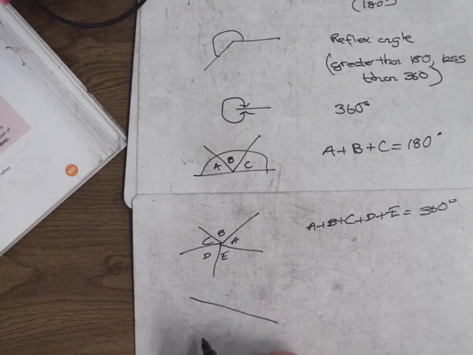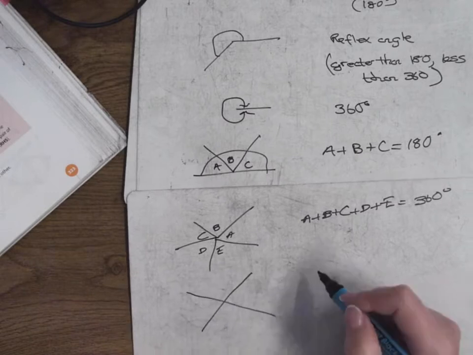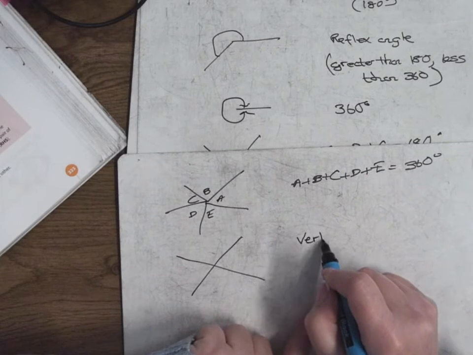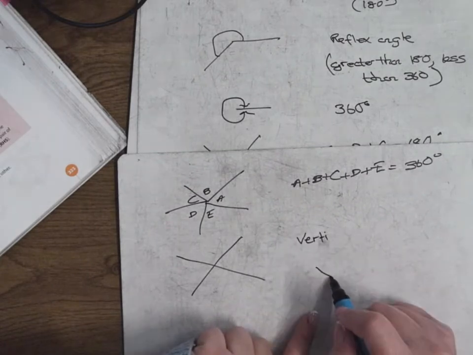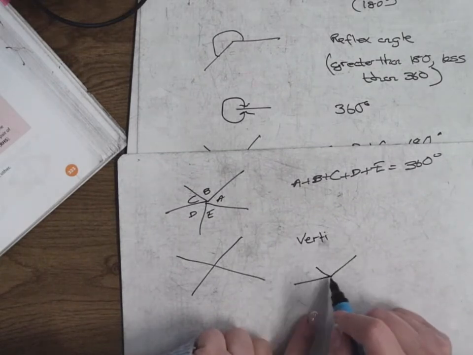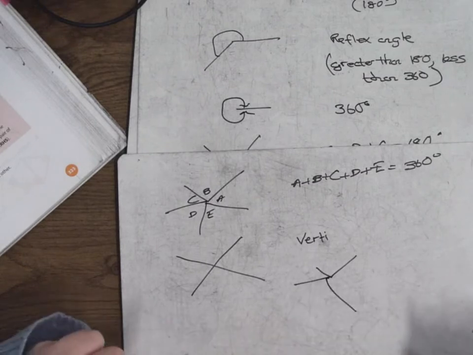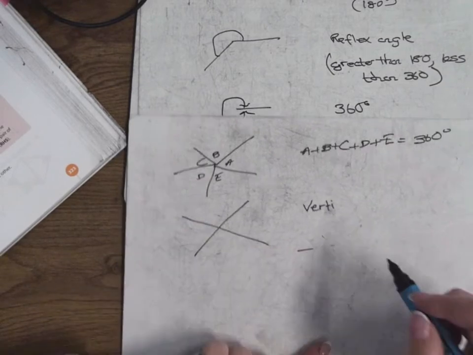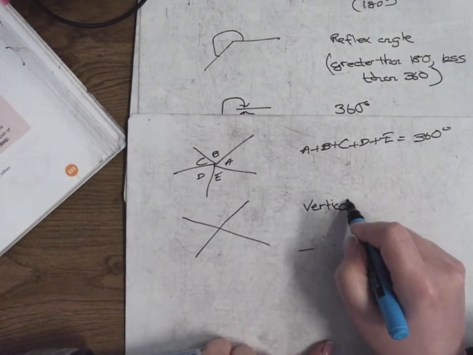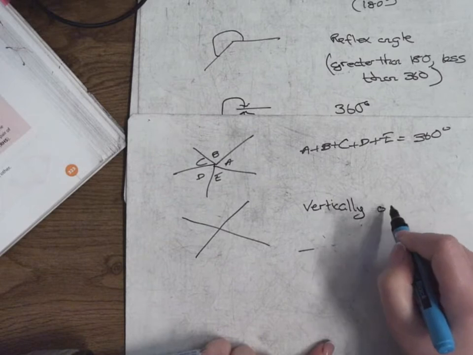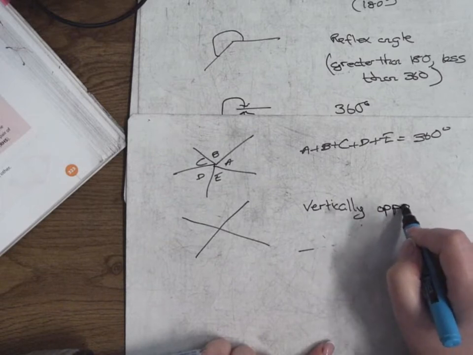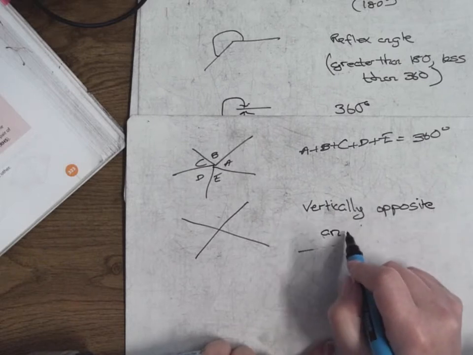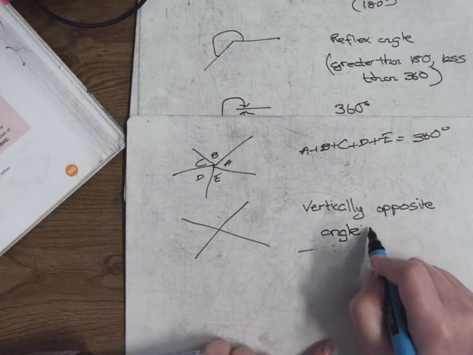If you have an X, you make vertically opposite angles. It has to be a full on X. It can't be like that, that's not a full on X. Vertically opposite angles are equal. You did all this in Junior Cert, but you probably haven't heard about it since.